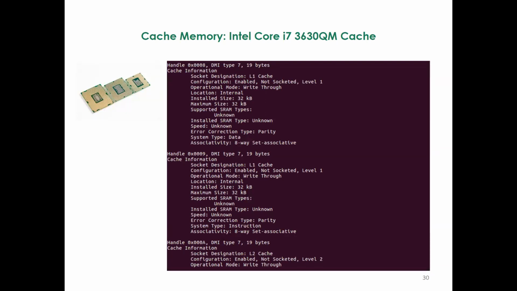Rather, the memory in that case is actually the cache memory. So you have your instruction cache, which caches instructions. Then you have your data cache, which caches the data that instructions are going to process.